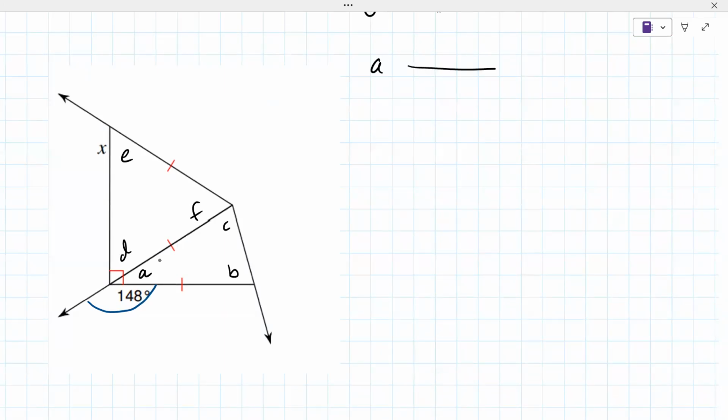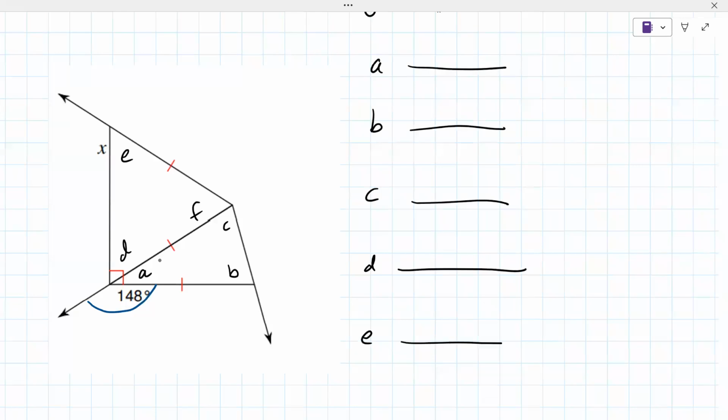So we'll go A, B, C, D, E, F, and then X. Okay. And it's pretty much in the order you should do it in. I mean, you could do it a little bit different, but that's generally the idea.